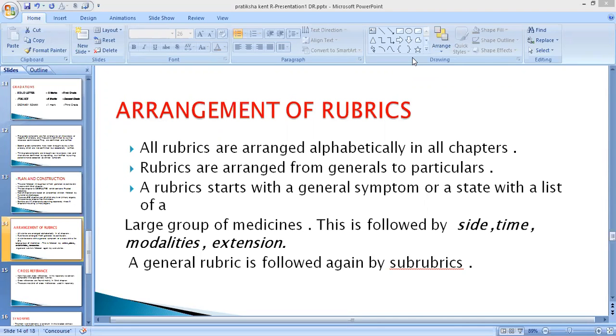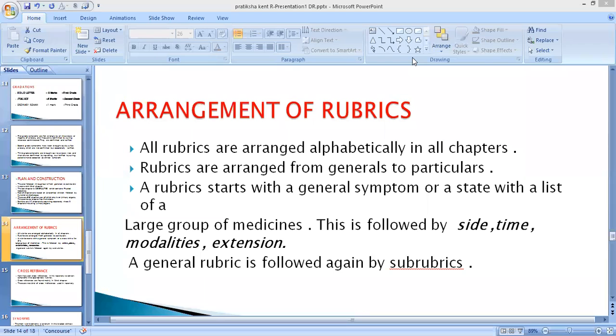So the rubric starts with a general symptom, in front of which a group of remedies indicated for that rubric is given, and then he again gave detail about that symptom. Are there any modalities related to site, time, modality?